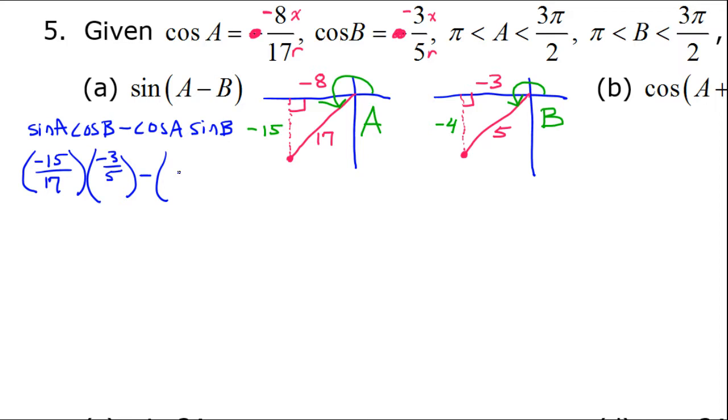Anyway, so cosine A. So negative 8 over 17. And then sine B. So that's negative 4 over 5. So that is how you do that. A negative times a negative is a positive, so this is going to make 45 over, let's see, what's 17 times 5? 17 times 5 is 85.